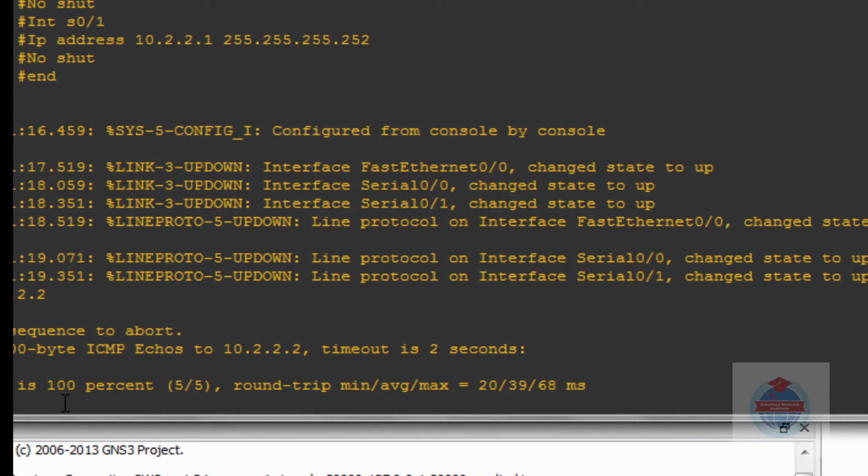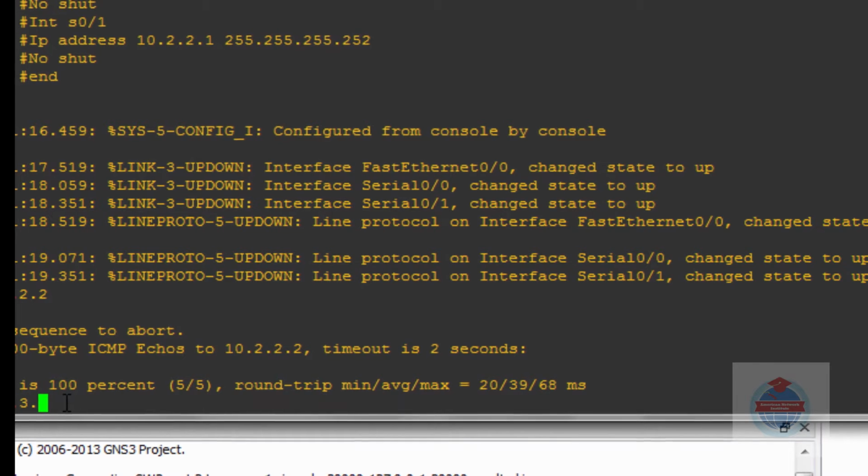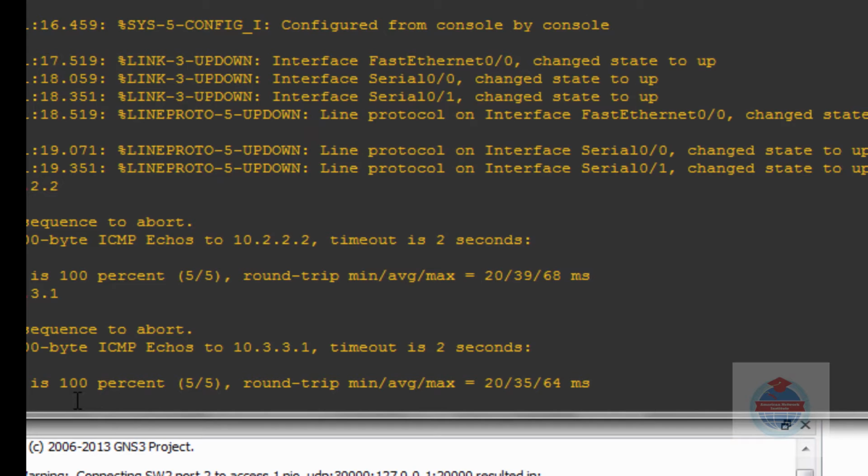Now let's check the other one. Ping the value for that, 10.3.3.1. Boom. Guys, I hope that you are following me in this exercise because this is getting very interesting.